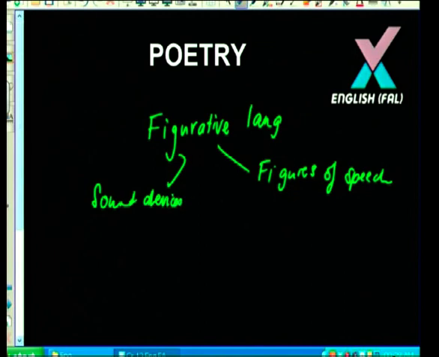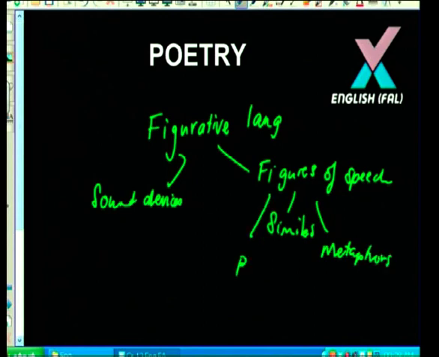What we're going to look at today, very generally, and there are lots more examples, we'll look at similes, and we'll look at metaphor, and we're going to look at personification.